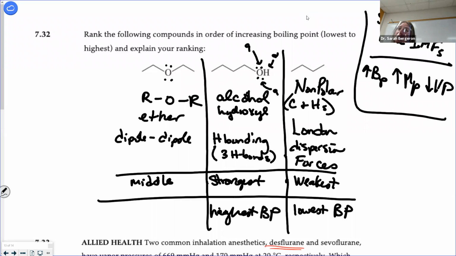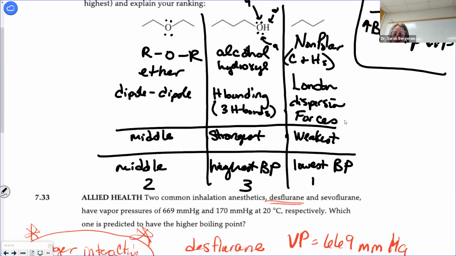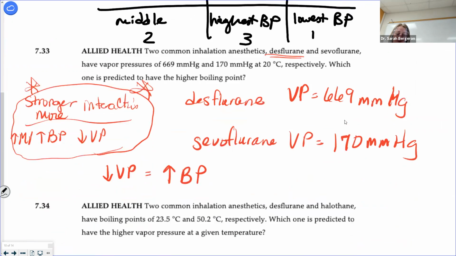And then my ether is in the middle. So if I'm going to rank them from lowest, by increasing boiling point, it's 1, 2, 3. Yeah?